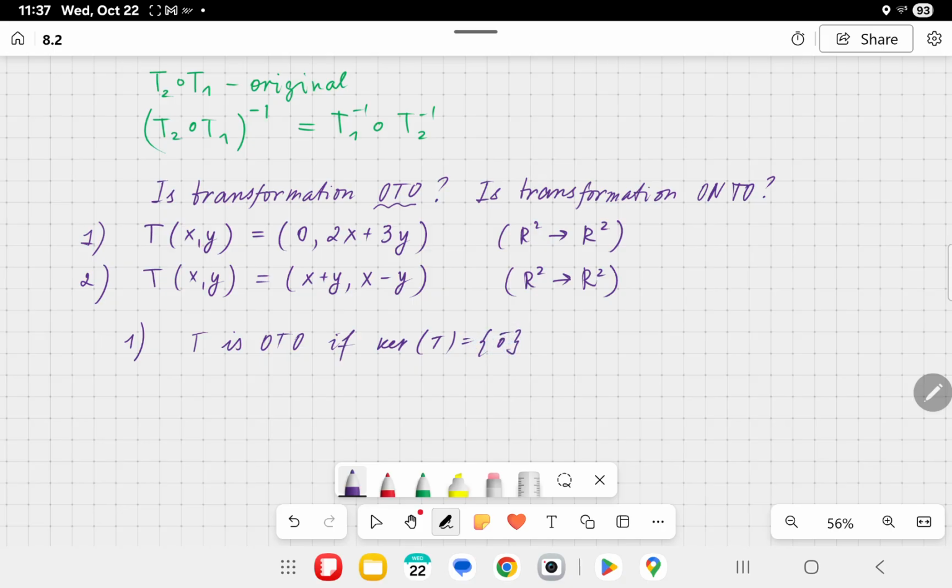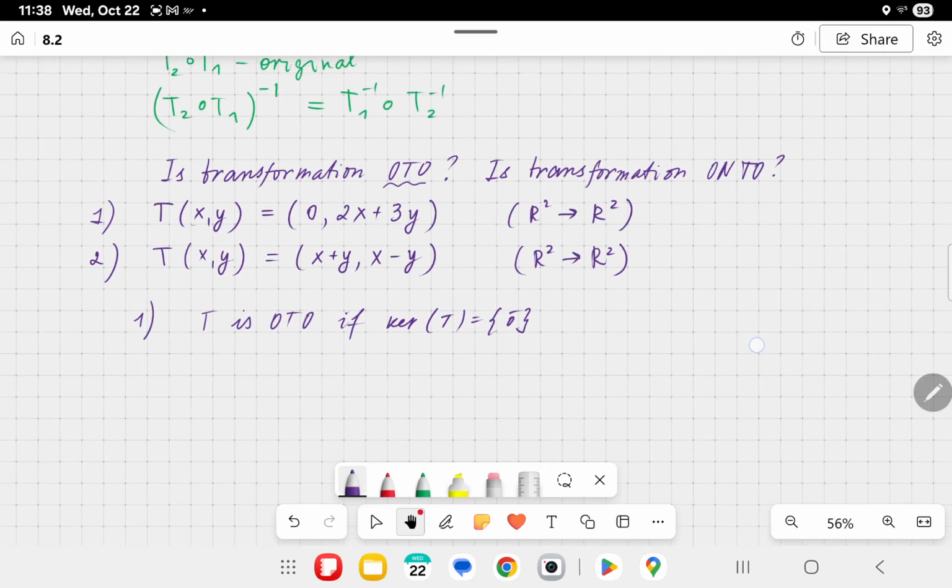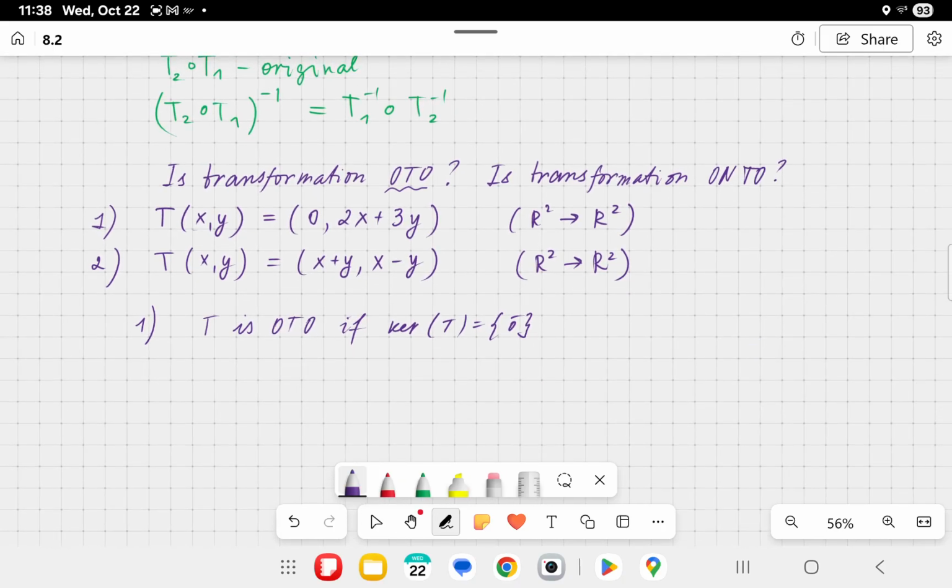Let's find actually the kernel of this first transformation. Remember that kernel are all vectors which the transformation turns into 0. So what are all vectors x, y which are going to go into the 0, 0 vector?